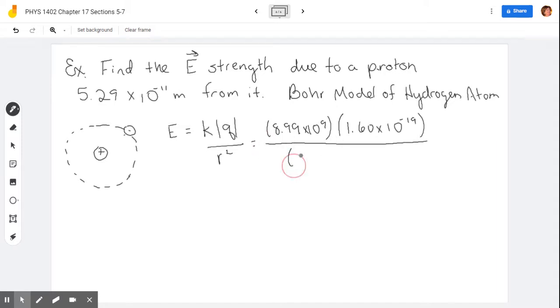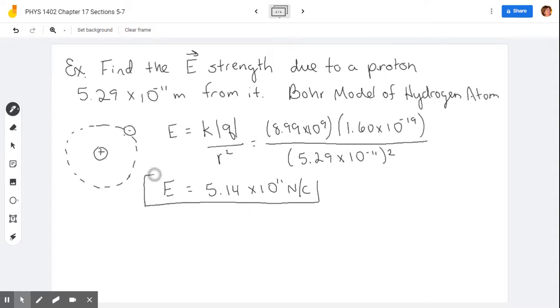Then the Bohr radius, 5.29 times 10 to the negative 11, squared. I'll put that in a calculator, and I'll find that the electric field strength is 5.14 times 10 to the 11th newtons per coulomb. That's a pretty strong electric field. Of course, they're very close together. That's an 11, that's a big number.